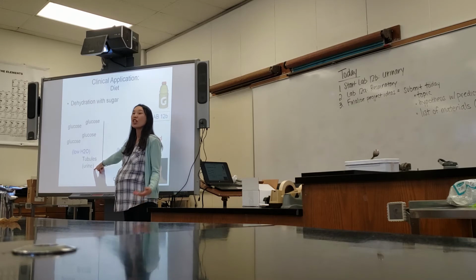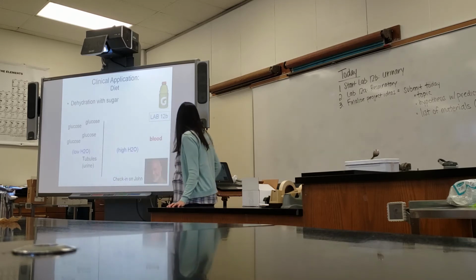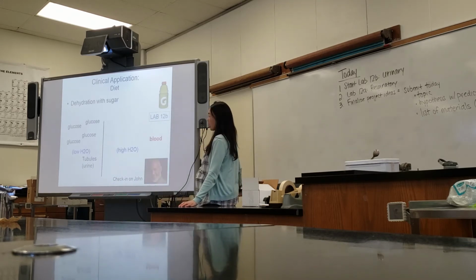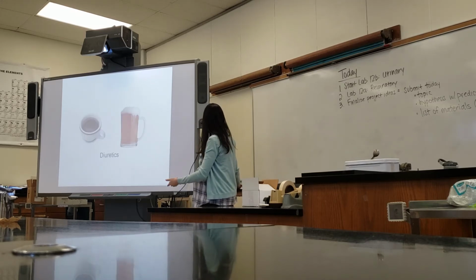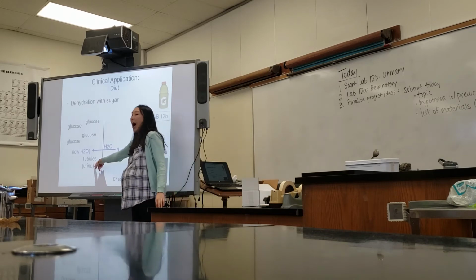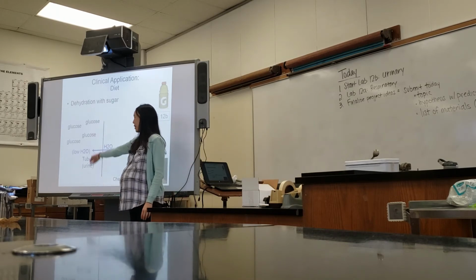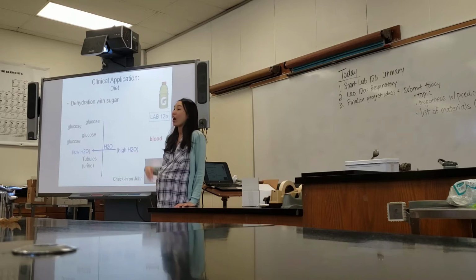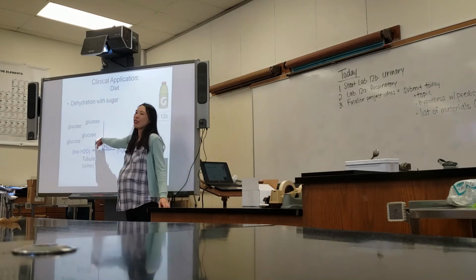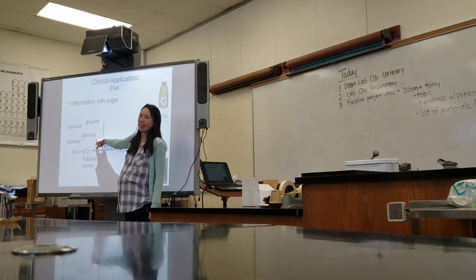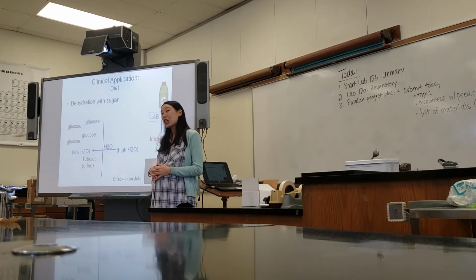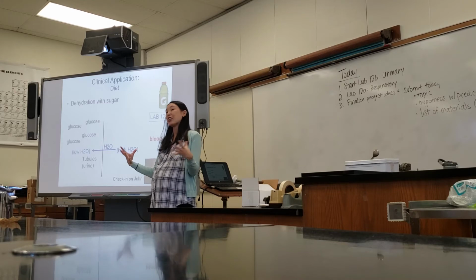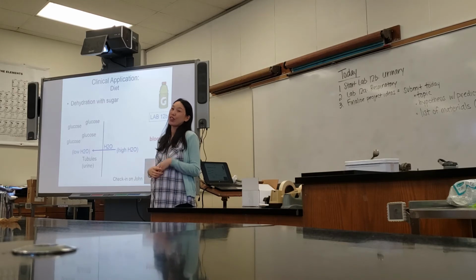Urine. So in this case, the water actually goes into my urinary tubule, which means I'm going to have a higher amount of water in my urine, which means this person's going to be urinating a lot. And not only will they be urinating a lot, you'll find traces of glucose in their urine. Does that mean it's going to be more clear or less? Yeah, so if they have more water content, their urine tends to be more clear. They're urinating frequently and in a lot of volume.